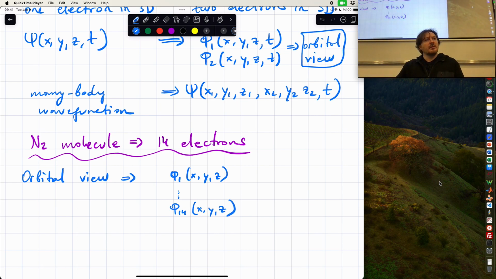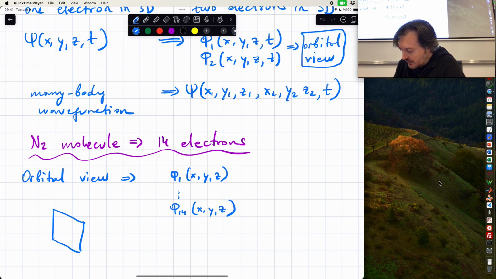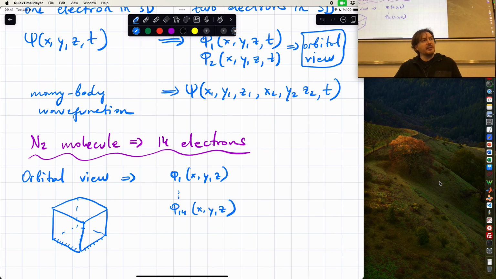Okay? Let's see how much disk space I need if I want to put it in a computer. What do I mean by disk space? I mean that just like we did with the hydrogen atom code, I'm taking a grid in each direction, and the values in that grid would represent the orbital, okay?